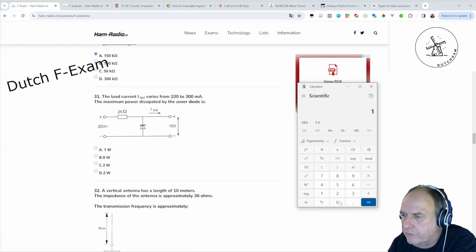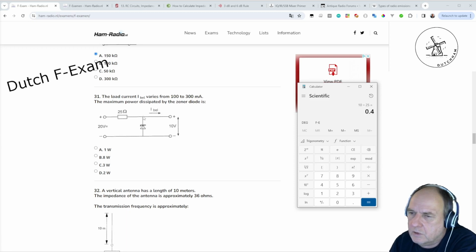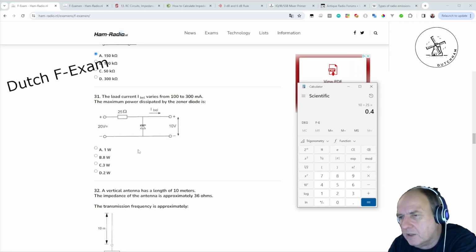So it will be 10 volts divided by 25 is 0.4, so that's 400 milliamps. But can we say that? This is another tricky question, because I think somehow we need a graph to calculate this.